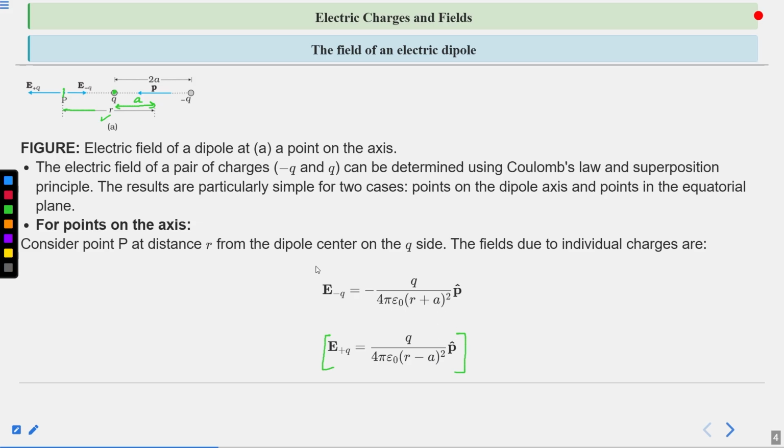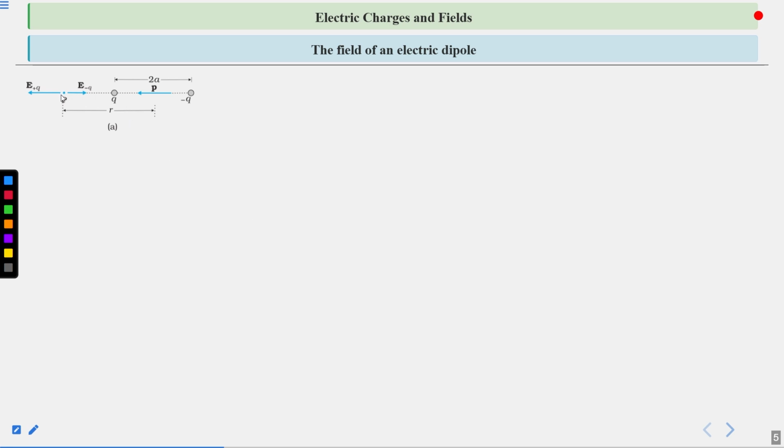And P cap. So this is the electric field due to charge minus q, and this is the electric field due to charge plus q. Clear? Now what will be the net electric field? This is a system of dipole, and here we find the electric field at a point due to a dipole.